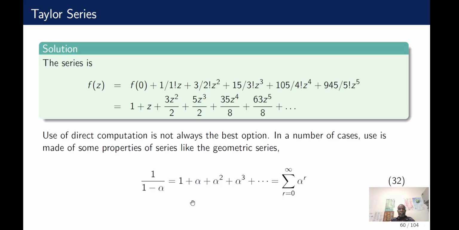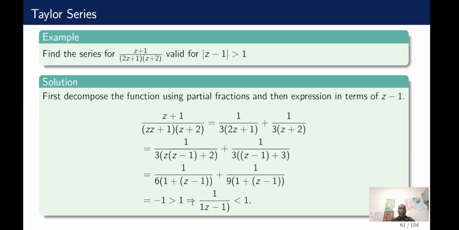So what we want is the modulus of z minus 1 to be greater than 1. That condition is the same as 1 over the modulus of z minus 1 being less than 1, which is what we have here.